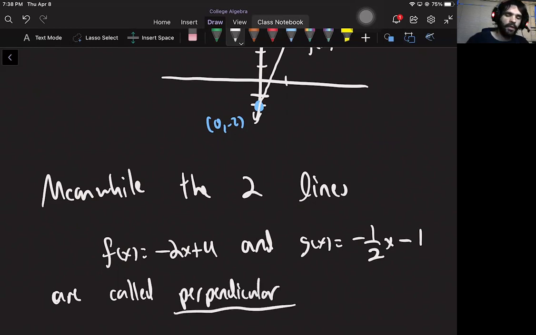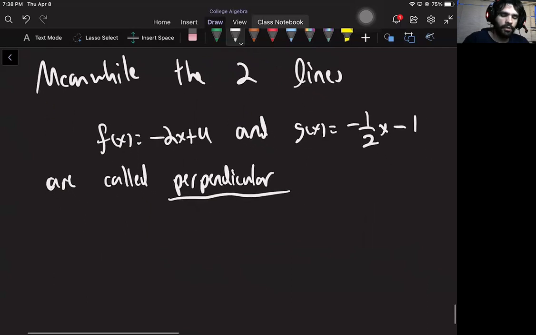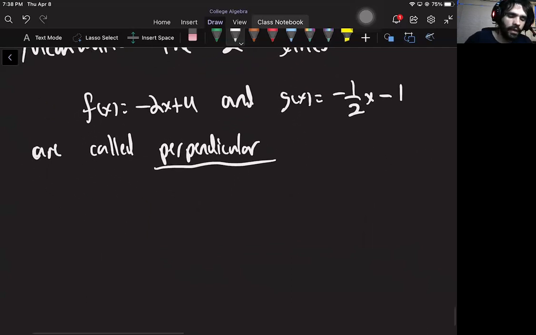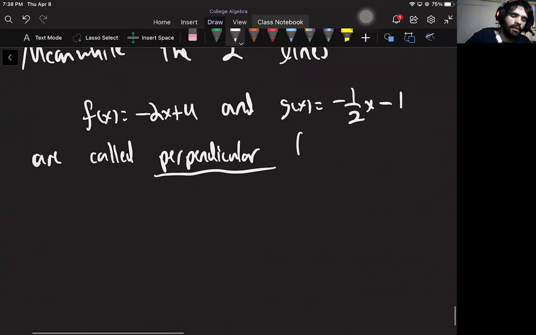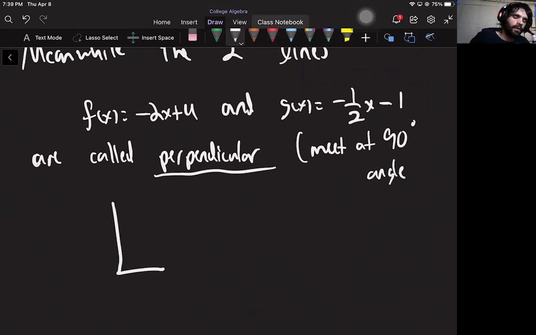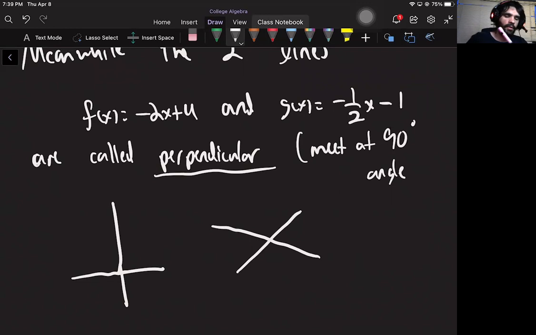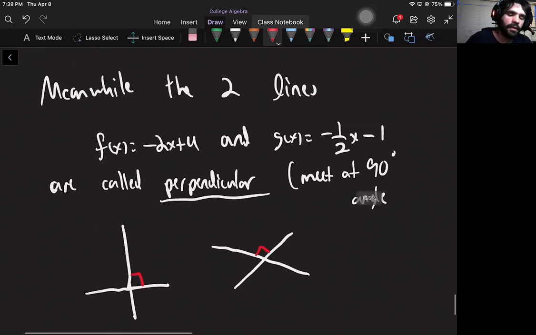And we'll see what the property is to be perpendicular in a second, but let's just draw these and see what it means. What it means is that they meet at a 90-degree angle. So they look like this. If I turn them, they might be sort of like that instead, but there's always going to be this 90-degree angle here if they're perpendicular. And that's what's going to happen with these two graphs. So let's do that and see it.